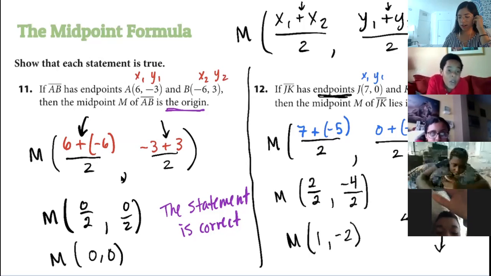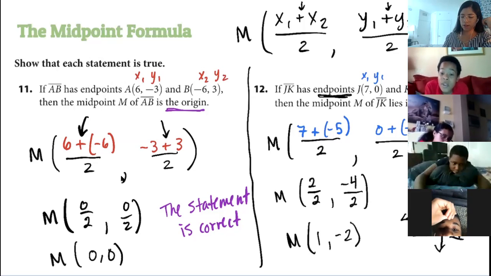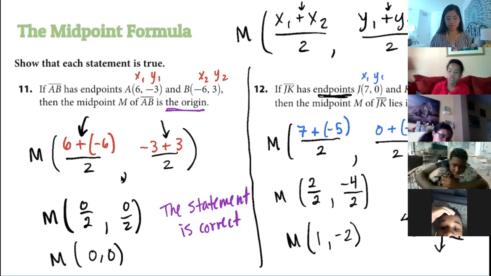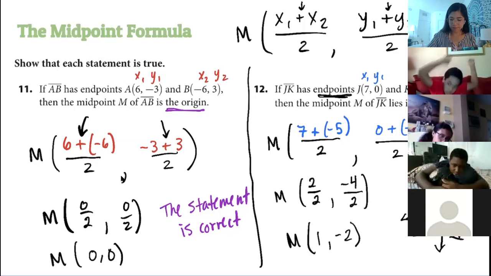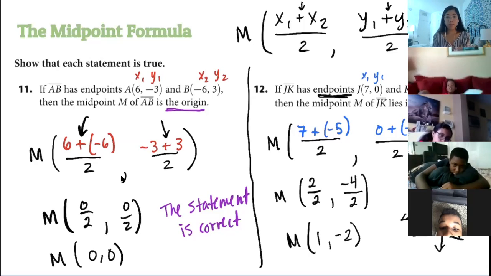Yes. Remember, this is our quadrants, and if I'm looking at 1, -2, that's going to be somewhere in the 4th quadrant. So this statement is correct. All right, so questions on the midpoint formula.